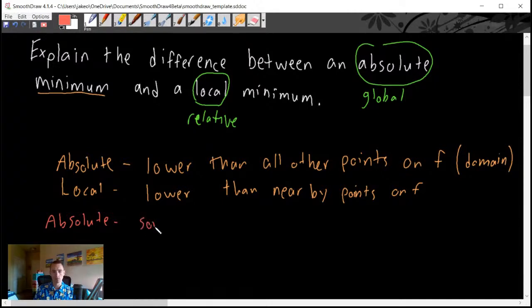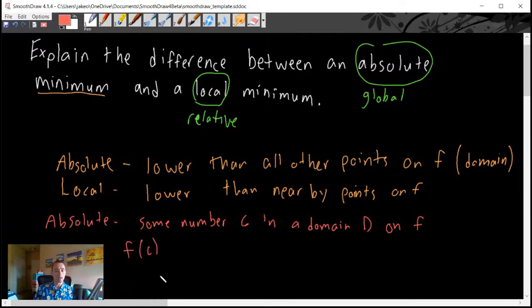So we have some number c, just picking some arbitrary constant to represent this, some number c which is in a domain D on our function f. And if we plug that c into f, so we get f of c as our output, that is going to be an absolute minimum.